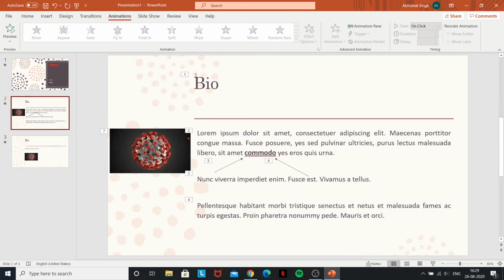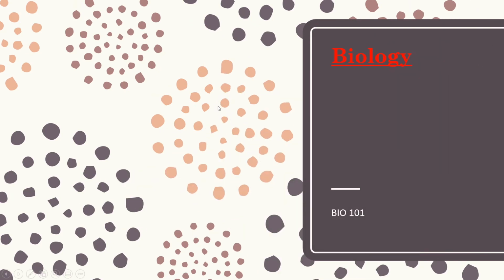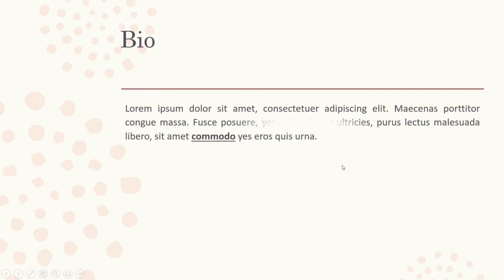So these are just animations for when you're going through the slide, and I'll show you how it looks right now. So this was the first page, and now when we switch to the next page, this was only one click of the mouse. So now if I click it again, it will show us the title using the animation, as you could see. And now it opens up the next paragraph.